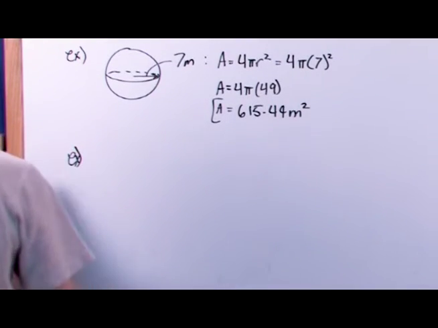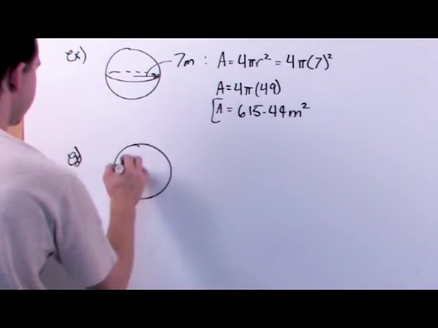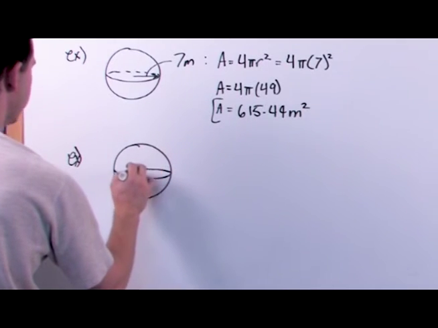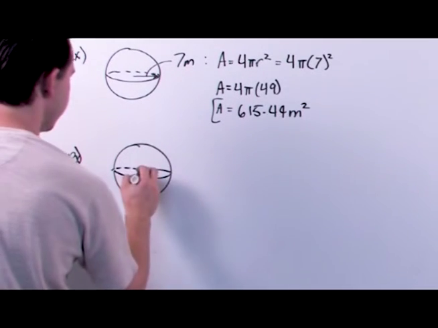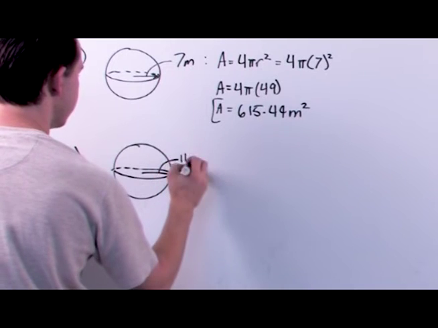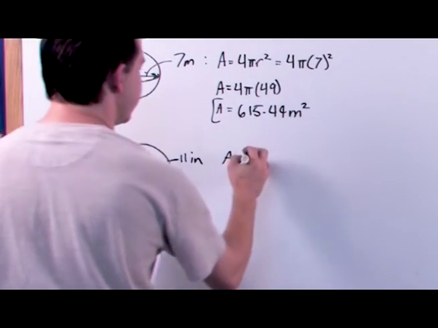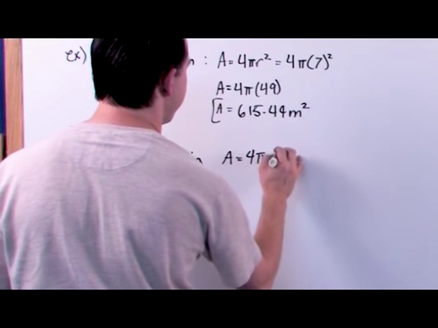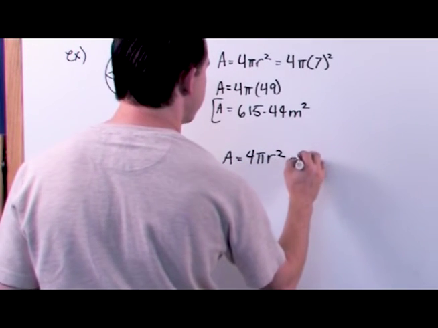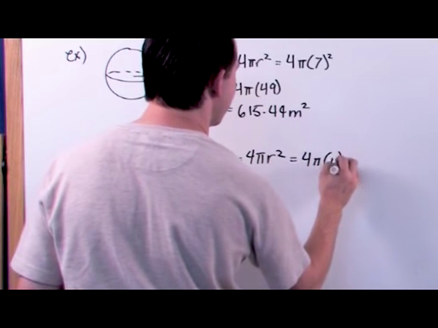Another example on this, just to get the hang of how to use it more than anything else. If the radius were given to you as 11 inches, then it's going to be the same thing, no big surprises. 4 pi r squared. So that's going to be 4 pi times 11 squared.